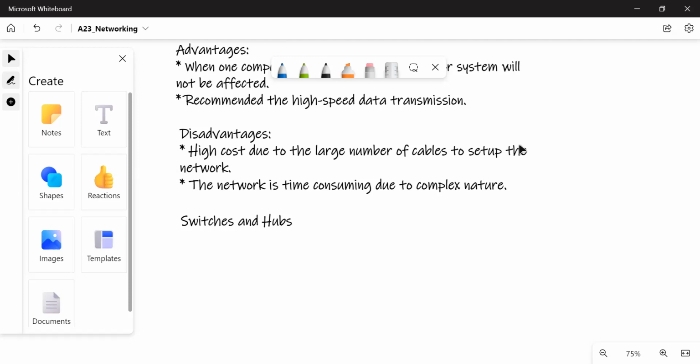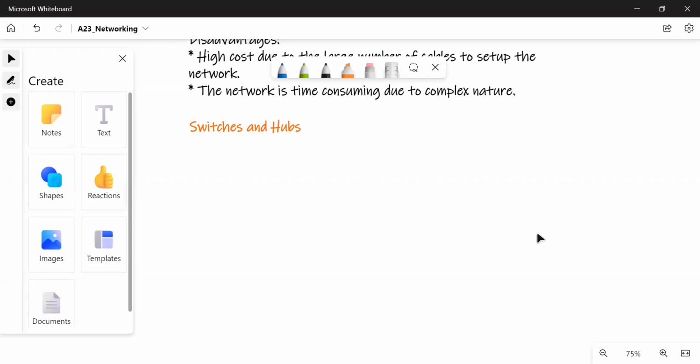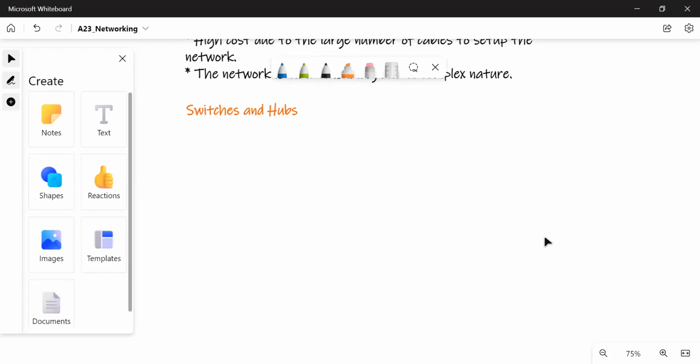Now, when we talk about the topologies, right, these network switches and hubs are quite useful. So we are using switches and hubs to communicate with each other. They look the same, right? Let me show you a couple of images.